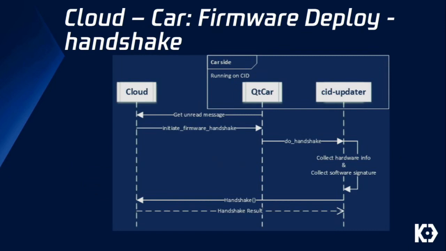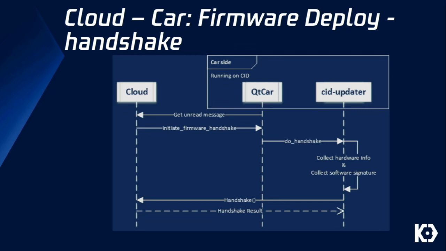The process Qt car will get if there are any unread messages, and if there are new updates available, Cloud would return with an initiate firmware handshake. And Qt car, after it has received this message, will send command do handshake to CID updater. After CID updater have collected this command, it will collect hardware infos.